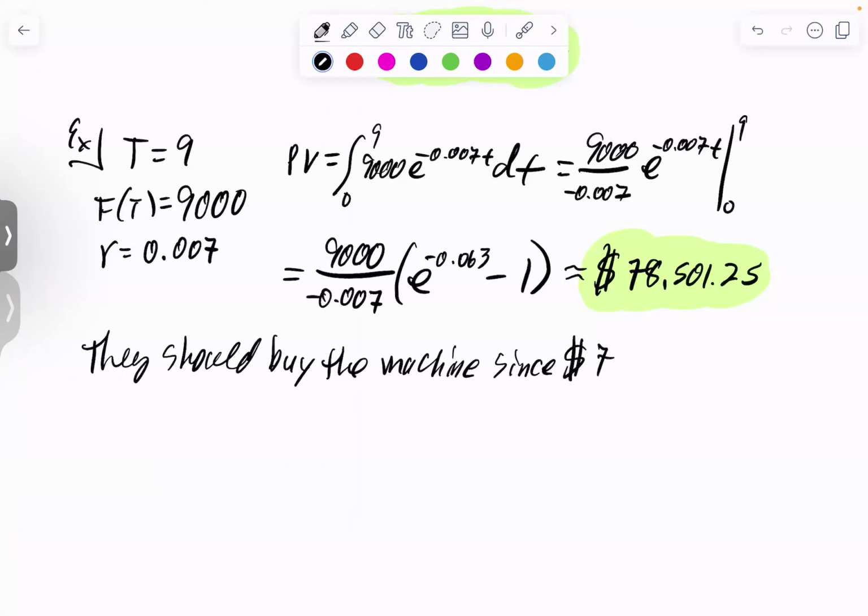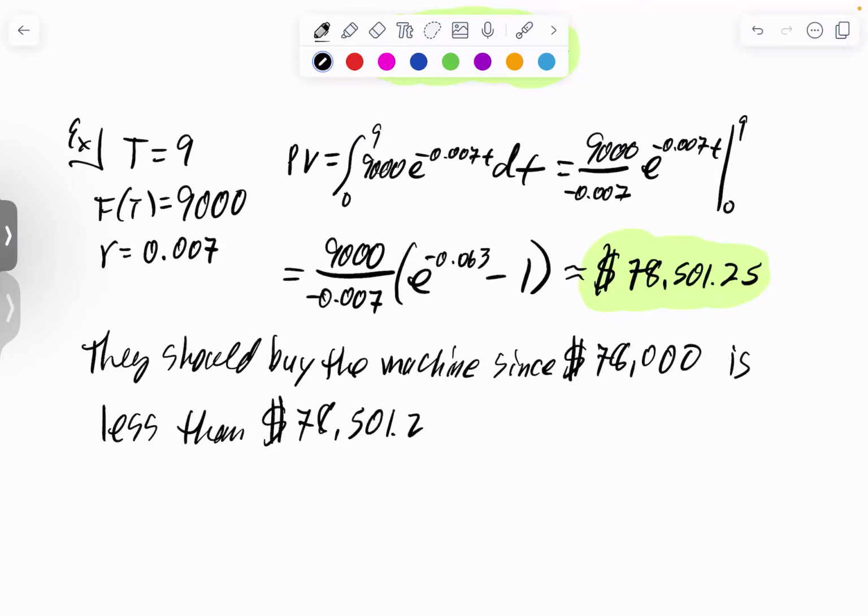Since $78,000 to buy it is less than the $78,501.25, it is less than that by $501.25. So it's going to be a better bargain to just buy the machine than it is to use it as presented. All right, I hope that helps everybody.